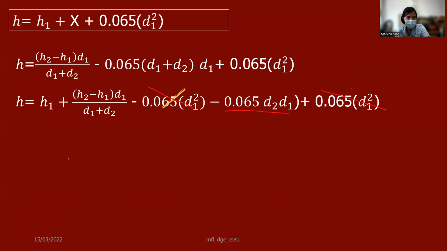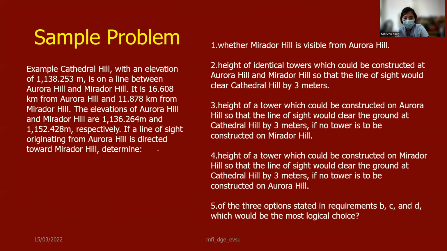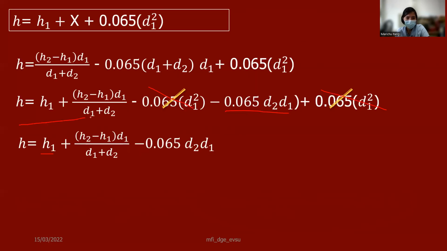So h now is equivalent to h1 plus h2 minus h1 times d1 over d1 plus d2, or yung sum ng distance ng point A to point B, minus 0.065 d1 times d2.